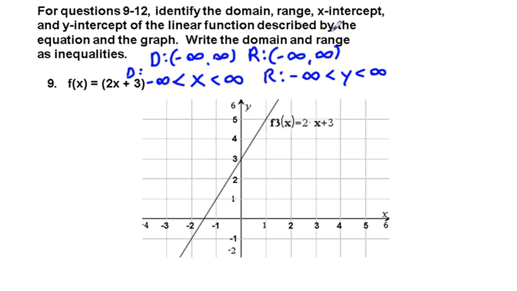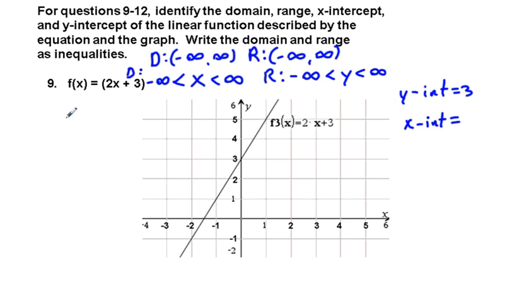Okay, the x-intercept, y-intercept, well, we have f of x equals 2x plus 3, so that's going to be easy. Our y-intercept is going to be equal to 3. And now for our x-intercept, what is that going to be equal to?